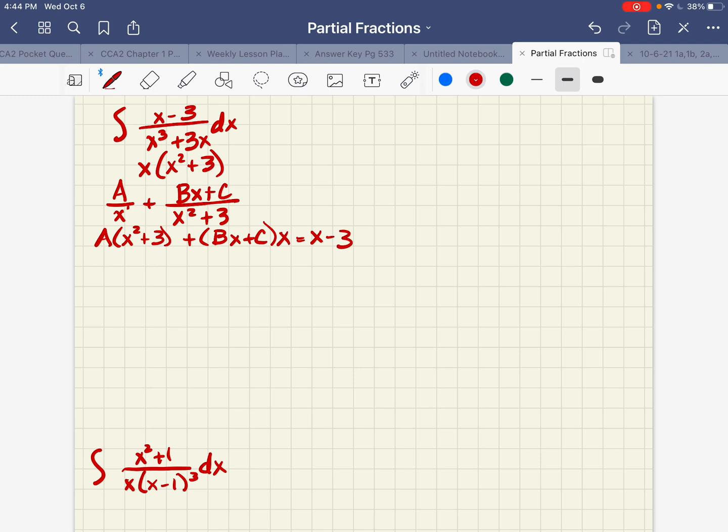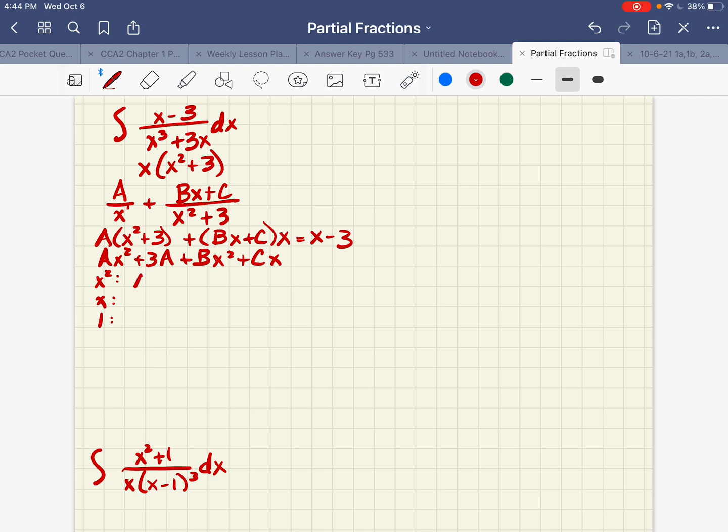Okay, so then I could distribute my A and distribute this. All right. So then I'm going to just write a little system of equations. I'm going to write out what the x squared terms are, the x terms are, and the constant terms.